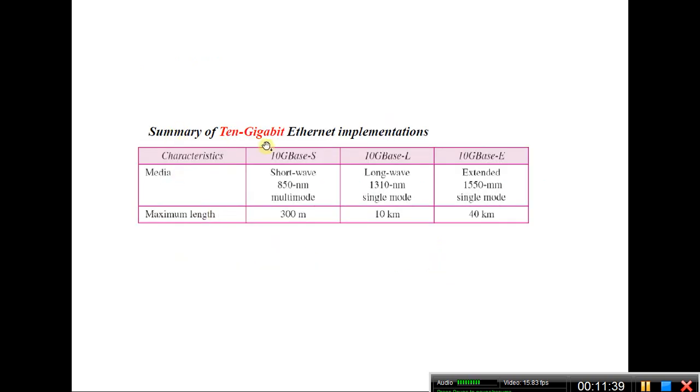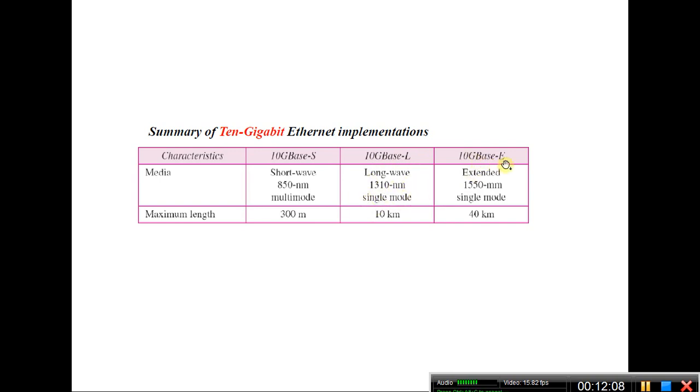The summary of 10 gigabit Ethernet with respect to media and maximum length. For 10GBase-S, the media used is short wave 850 nanometer multi-mode fiber optic cable. 10GBase-L, long wave, uses single mode fiber optic cable.